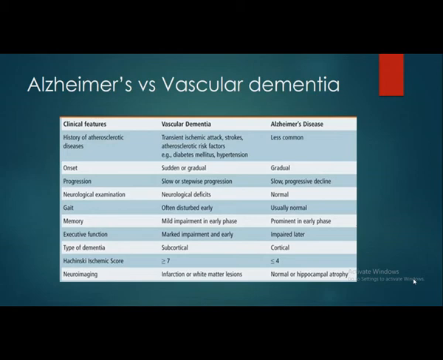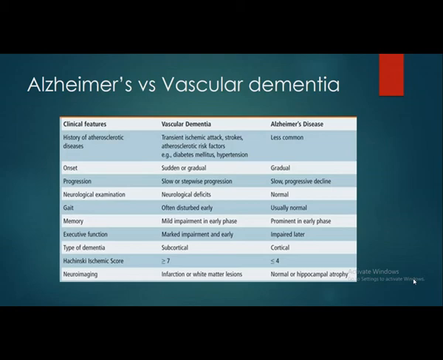The onset of vascular dementia is sudden, or it can be gradual, but in Alzheimer's disease, it's always gradual. The progression of vascular dementia is slow or stepwise. A person is working fine, and then there is an abrupt decline, and then again the patient will maintain that score on the mini mental state examination.